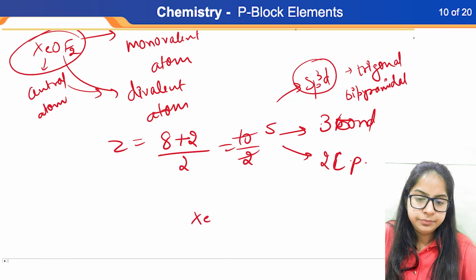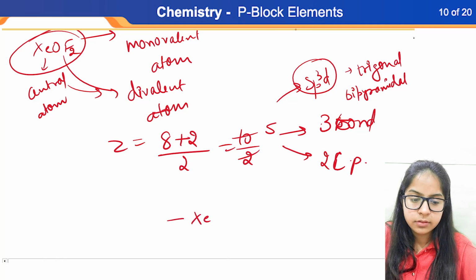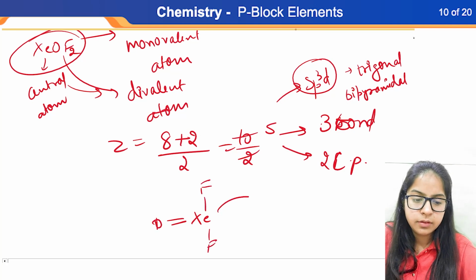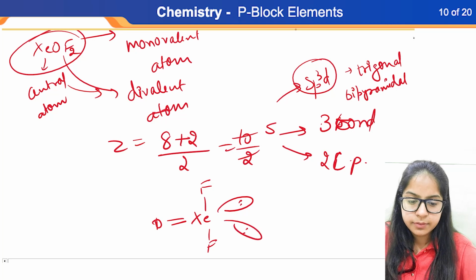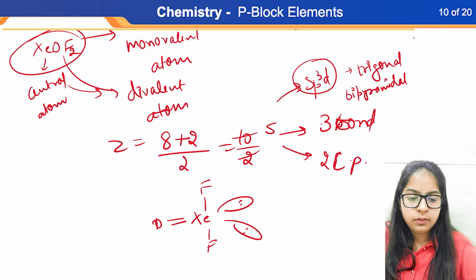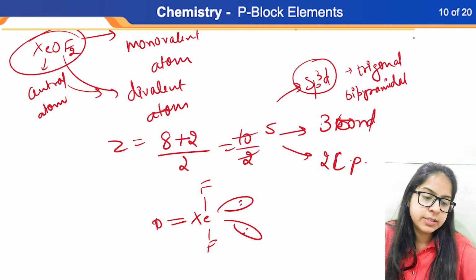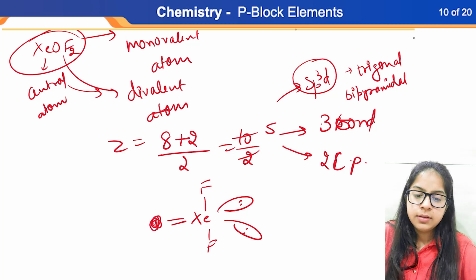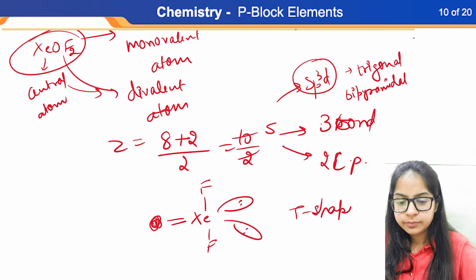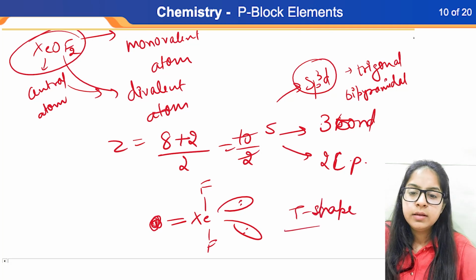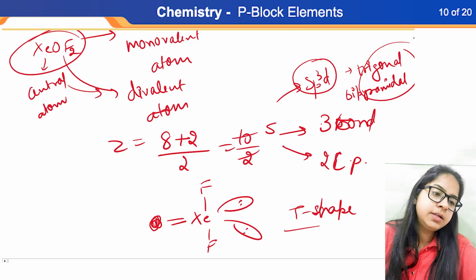The lone pairs are on this side, F on the axial positions and oxygen on the equatorial. This is a T-shaped structure. Although the geometry is trigonal bipyramidal, it's a T-shaped structure.